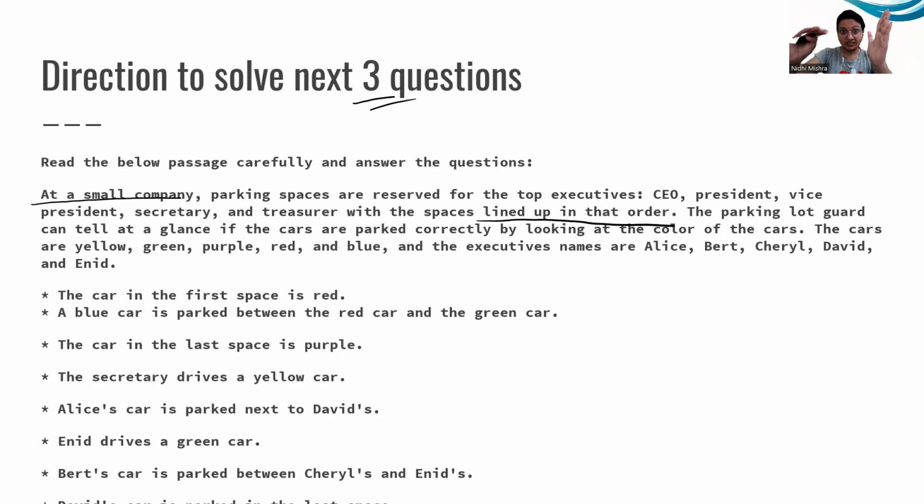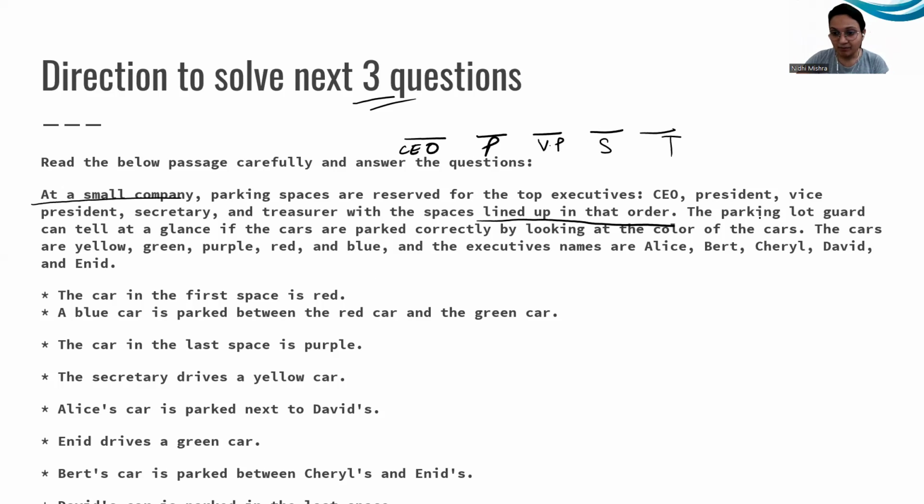Spaces are reserved for these 5 people, in the same order. First space for CEO, second for president, third for vice president, fourth for secretary, and fifth for treasurer. Because they have said the spaces are lined up in this order only. Very important.